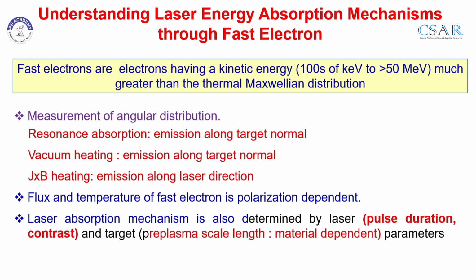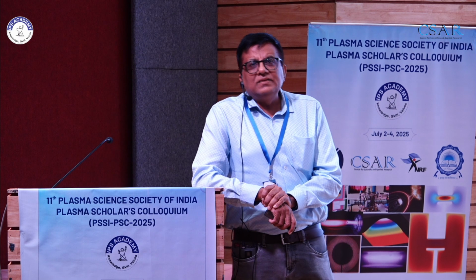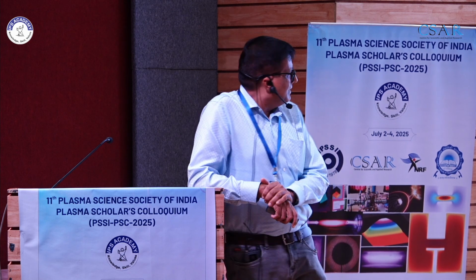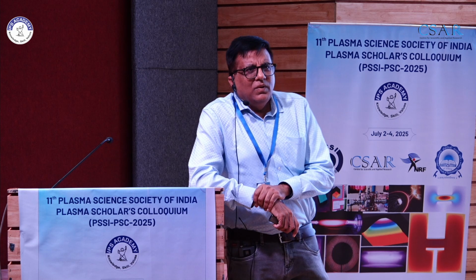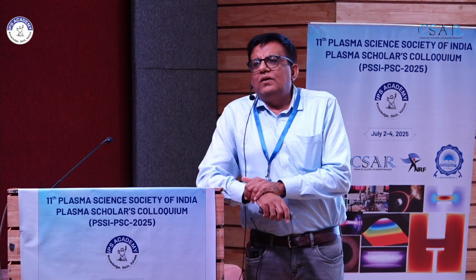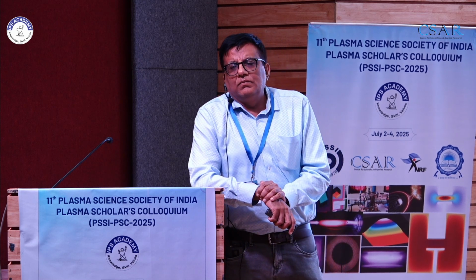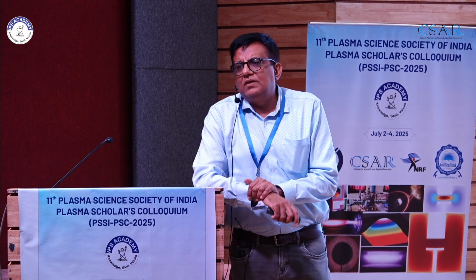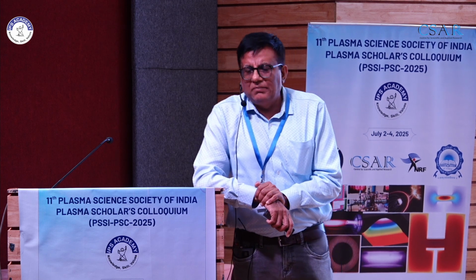The flux and temperature of fast electrons are also polarization dependent: resonance absorption and vacuum heating are applicable for p-polarized light, whereas the J cross B acceleration mechanism happens for both P and S polarized light. So a researcher can do a simple measurement of the fast electron angular distribution and its spectrum to find out what basic mechanism is happening inside the plasma.